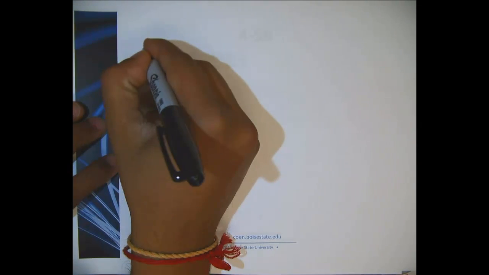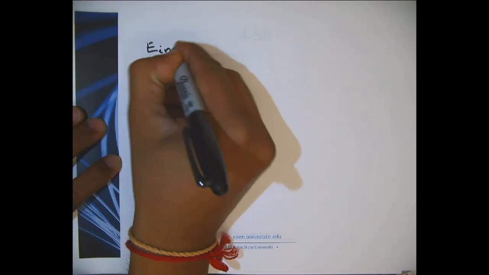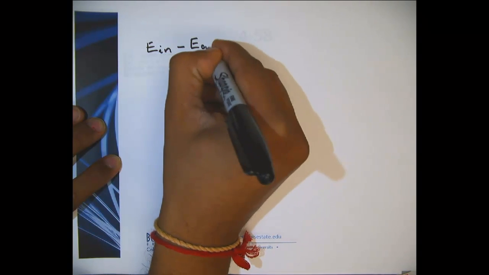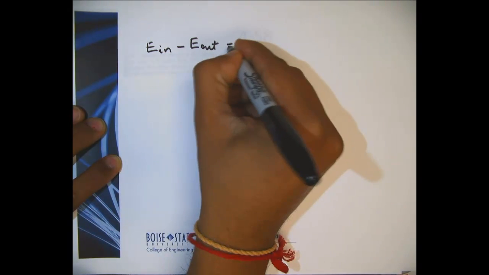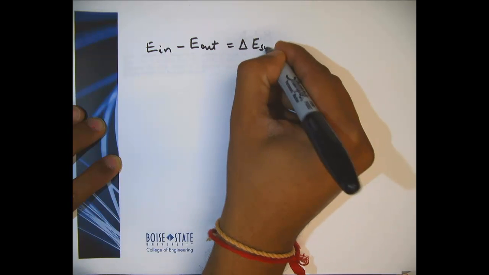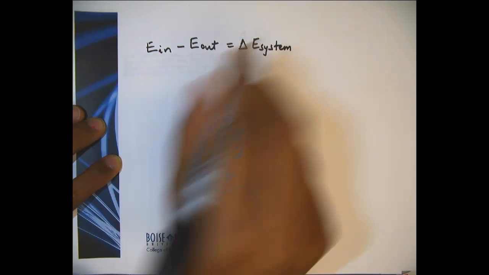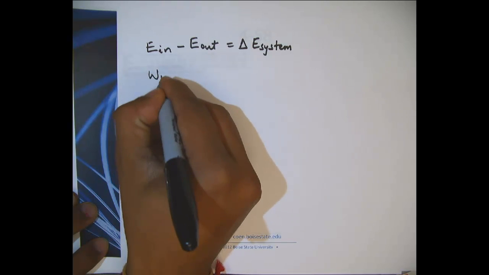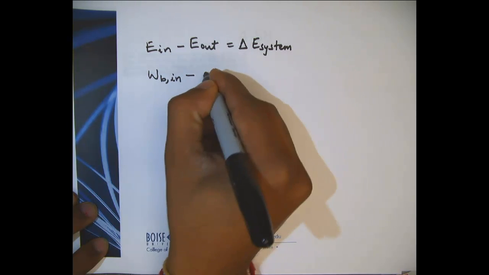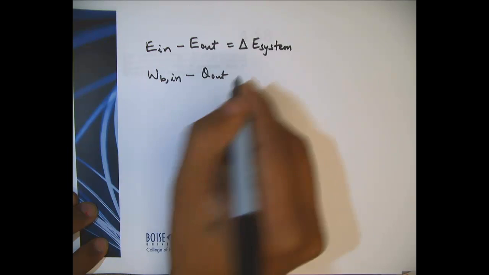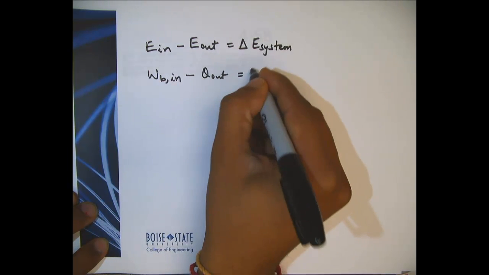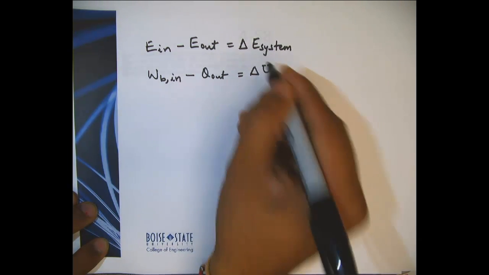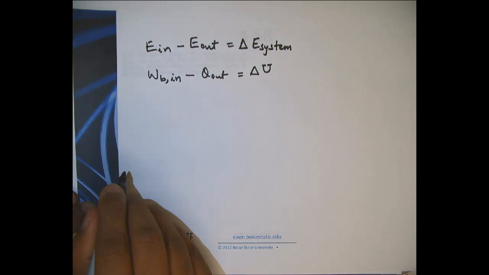So again, for a closed system, we can apply our first law of thermodynamics. So E in minus E out is equal to the change in internal, potential, or kinetic energy in the system. So we have work put in, heat will be lost since it is condensed, and all we have here is only the change in internal energy.